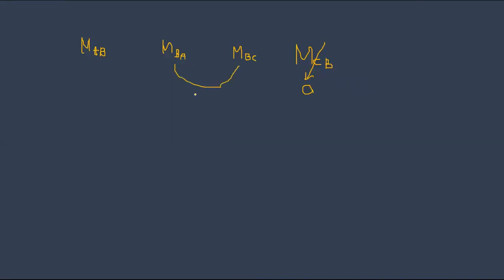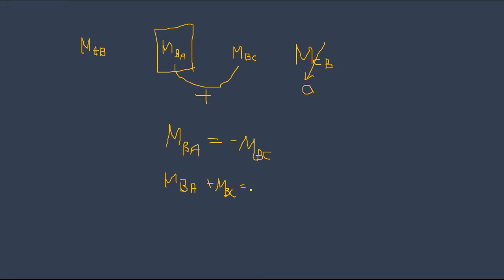So the summation of these two is 0. If you find this one, so you don't need to again plug it back into the MBC equation, because MBA is negative MBC. That's how the addition becomes 0, right? You take it to the other side.